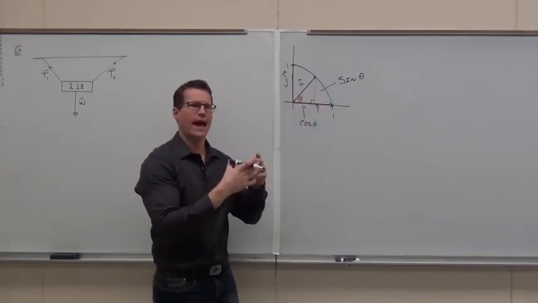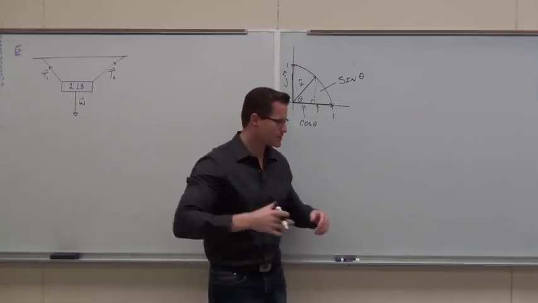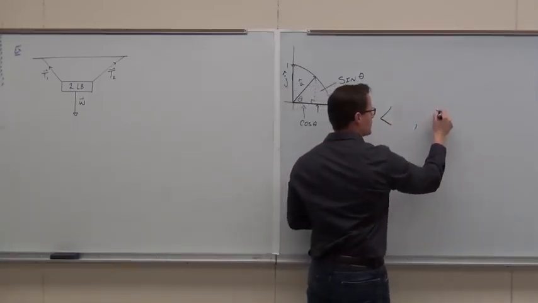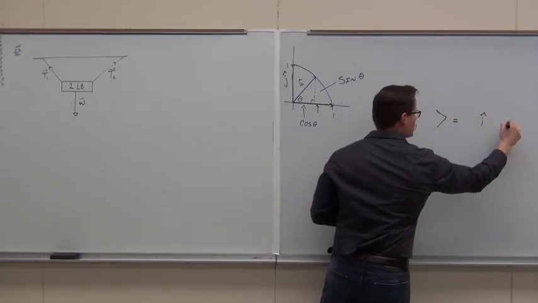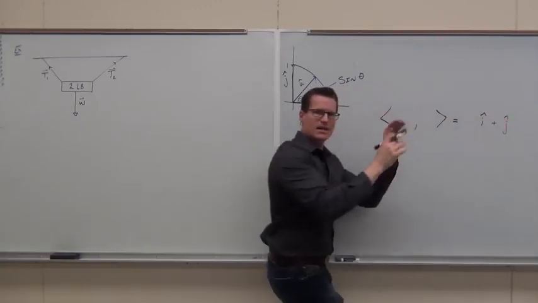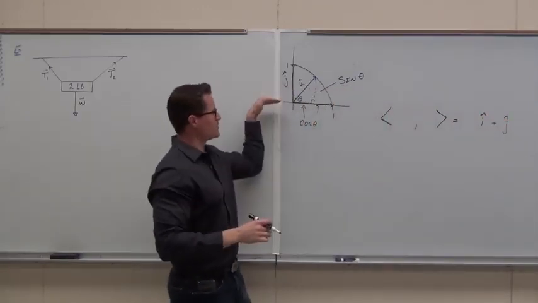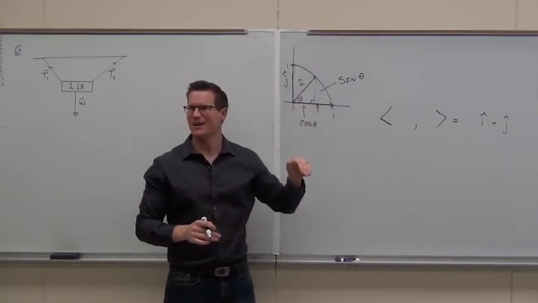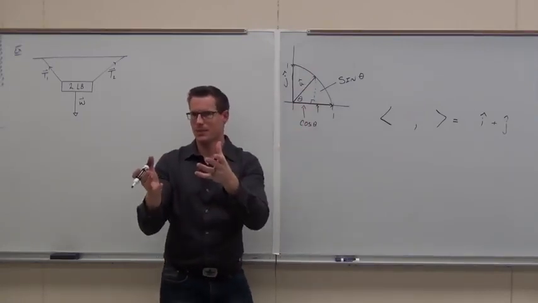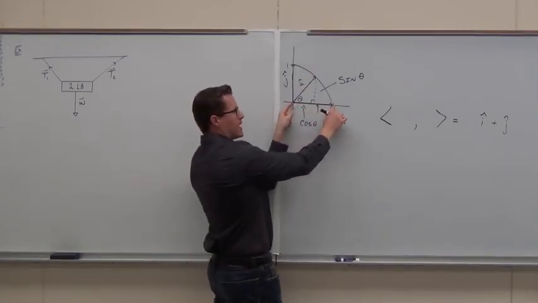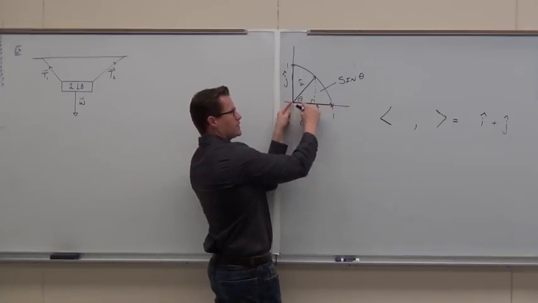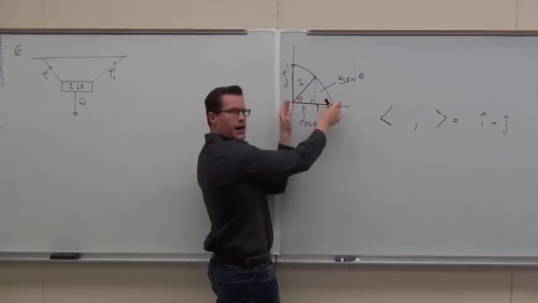Now look what it does. If I wanted to add, do you remember how we took this notation and we did the i, j notation by breaking up the vector and saying, instead of going from here to here, I want to do this and I want to do that? Do you remember that? This is what's going on. If this vector is i and cosine only goes to this part of it, cosine theta is a fraction of the i.